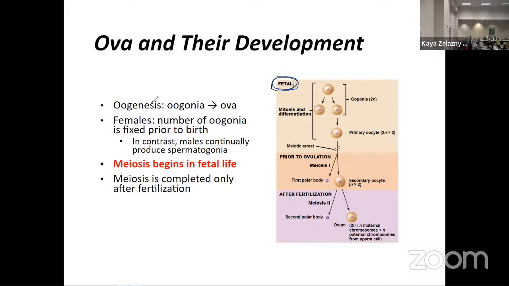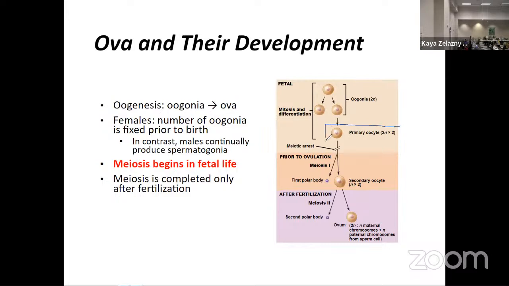So during oogenesis, we're actually starting during fetal life. We have a time scale here instead of a physical, where-are-we scale. So mitosis and differentiation producing more oogonia happens during fetal life, producing primary oocytes.